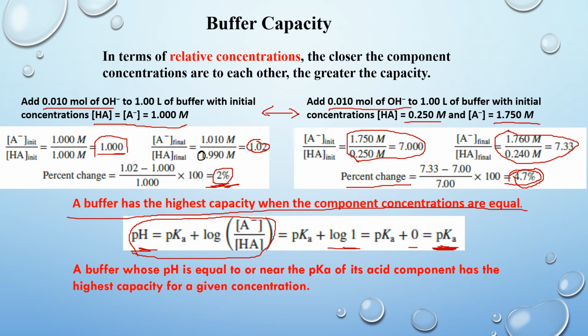So you want to find a weak acid whose pKa value is equal or very close to 5, because that acid and the base make a buffer that is going to have the highest capacity, which will act like the best buffer.